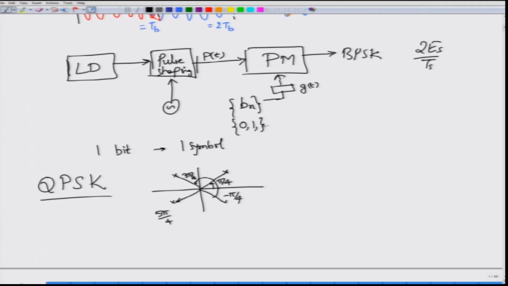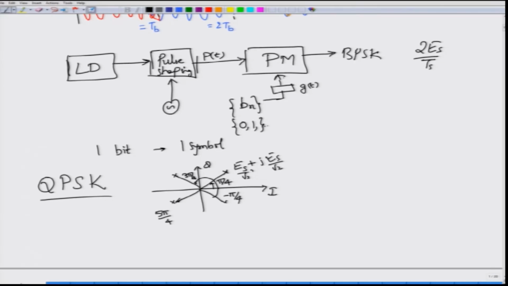If you look at the I and Q axis for this, and say that this angle is pi by 4, this point here you have chosen to be at root Es by 2 plus j root Es by 2. So, this would be the amplitude of the signal that I have chosen.